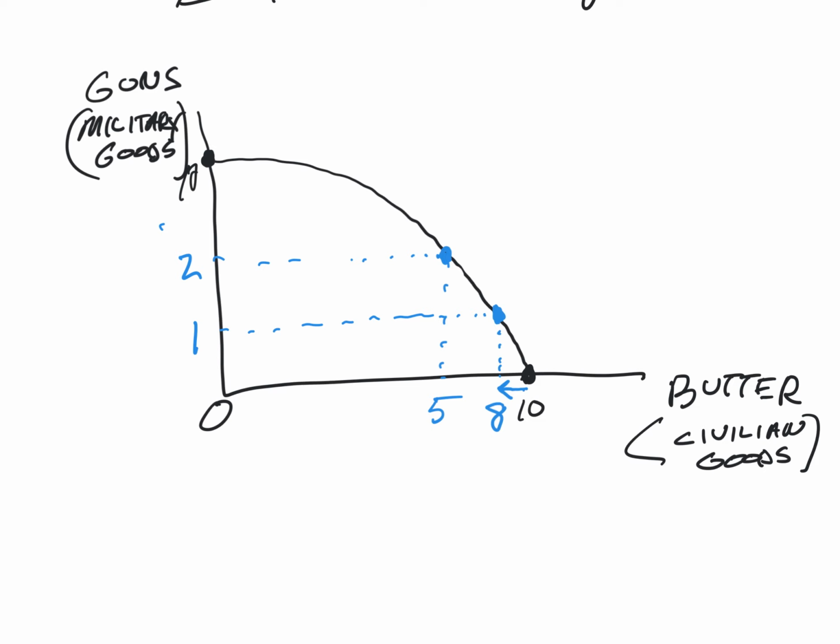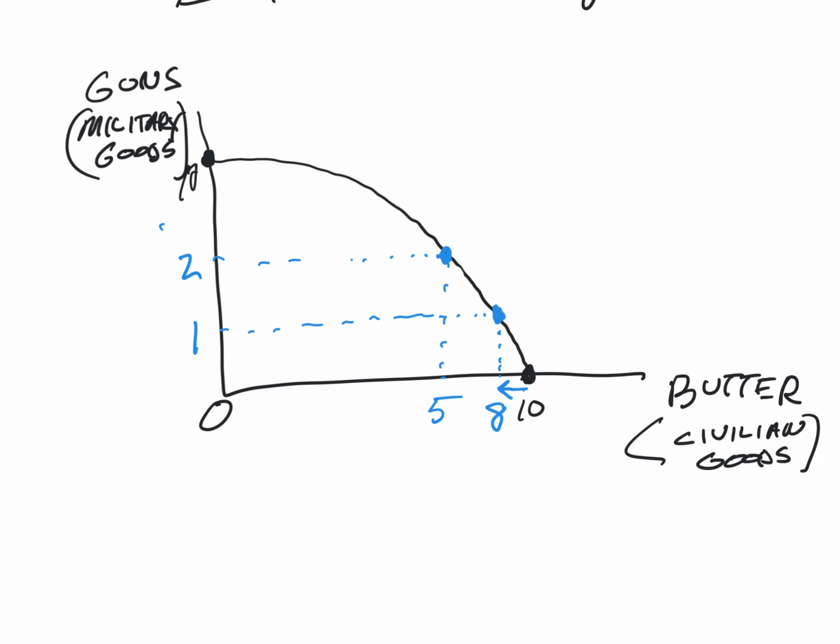The outward bow in the production possibility curves models the fact that resources are not equally suited for all types of production.